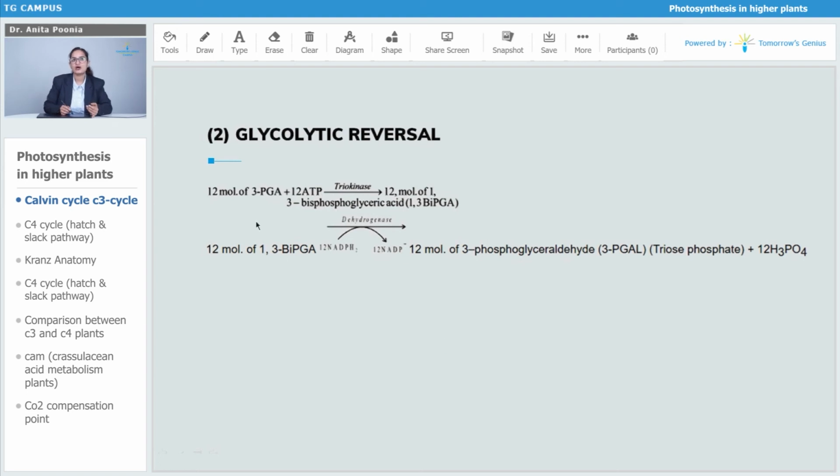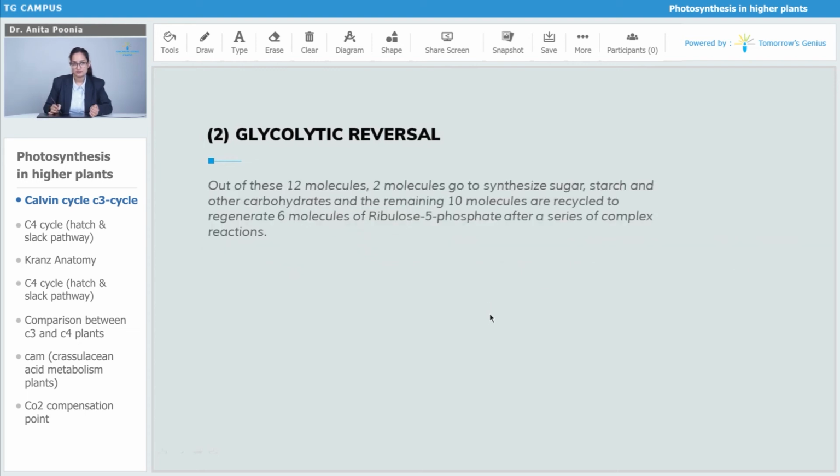Here you see 12 molecules of 3-PGA plus 12 ATP, in the presence of a triokinase, give you 12 molecules of 1,3-bisphosphoglyceric acid, 1,3-BPGA. Further dehydrogenation takes place, and 12 molecules of 3-phosphoglyceraldehyde, 3-PGAL, triose phosphate, plus 12 H3PO4 are formed.